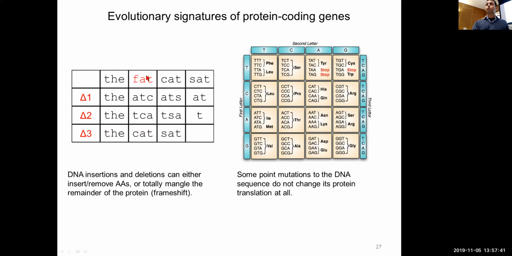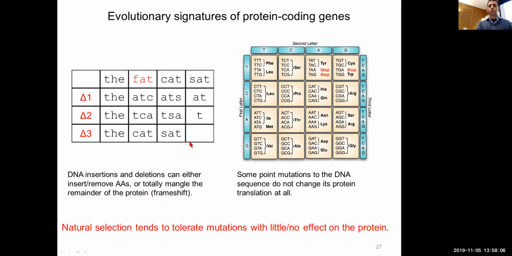I've lost some aspect of that sentence. Now, it might not be about Garfield, but it still makes sense, okay? And in the same way, when I'm translating amino acids, losing 1 amino acid is fine, but mistranslating all of the remaining amino acids is really terrible. So DNA insertions and deletions that preserve the amino acid frame are much more tolerated, okay?